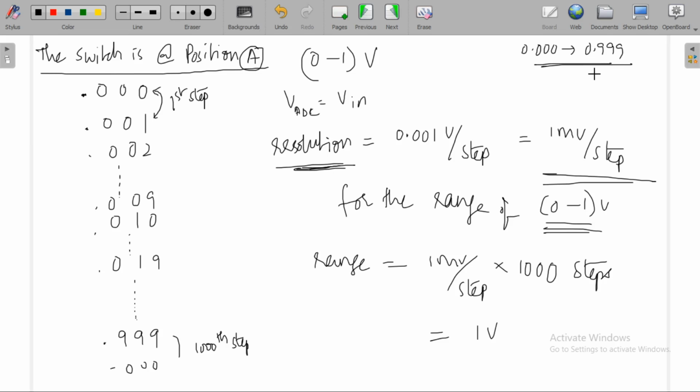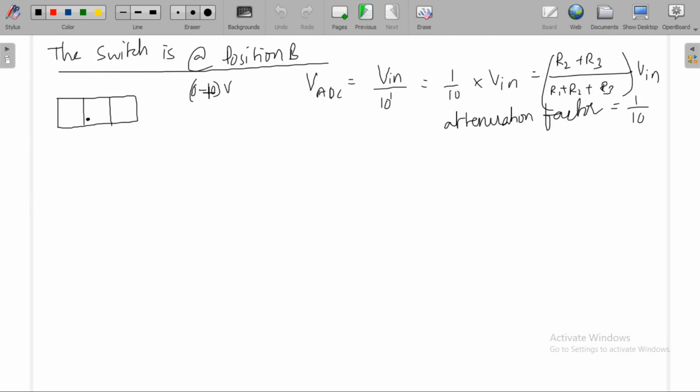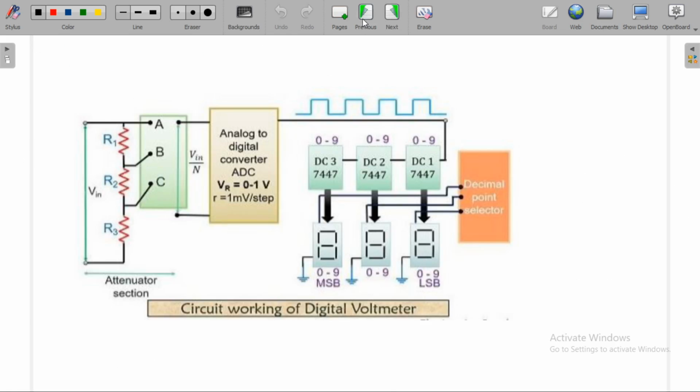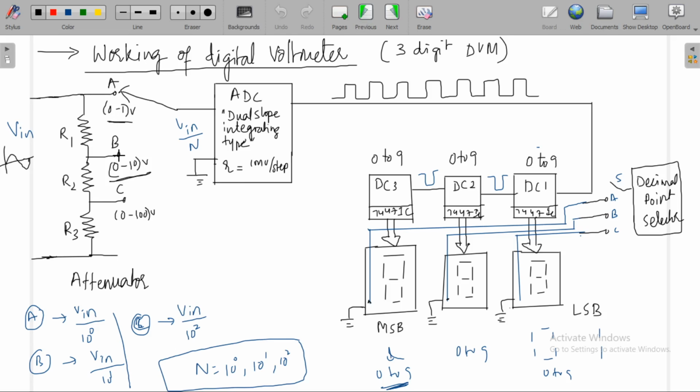Then what is the range of the instrument? 0 to 1 volts. What is the range of voltage? 0 to 1 volts. Here, if the switch is thrown to position B, here also the switch will be thrown to position B, then you're going to have the point before this digit.